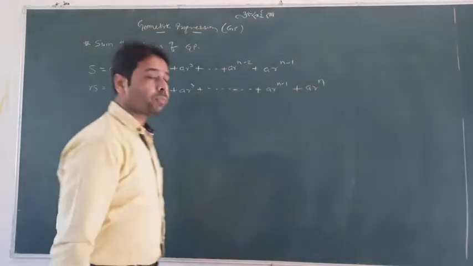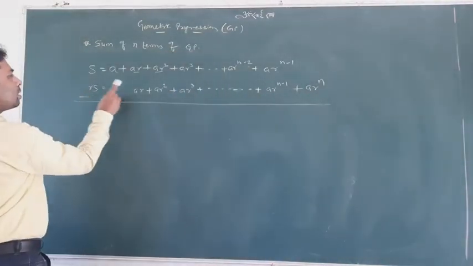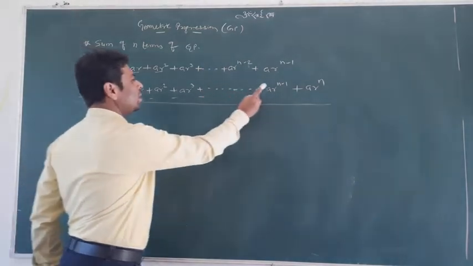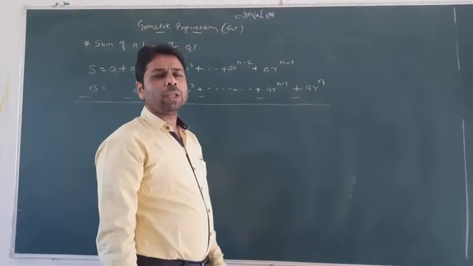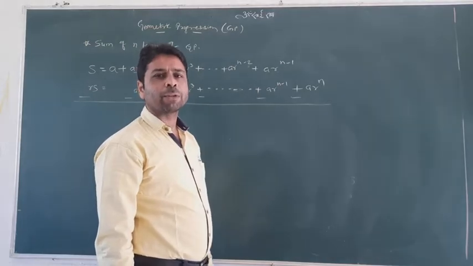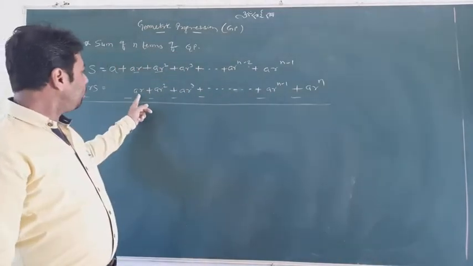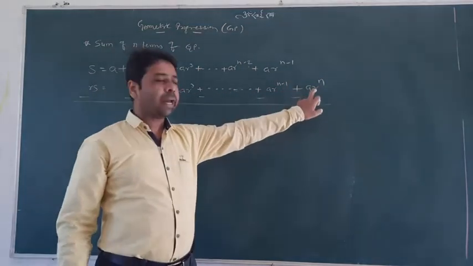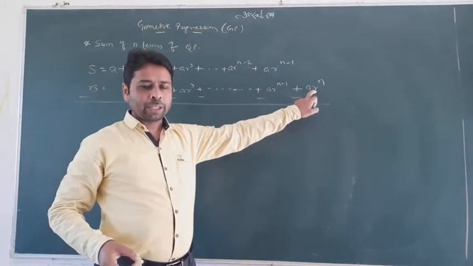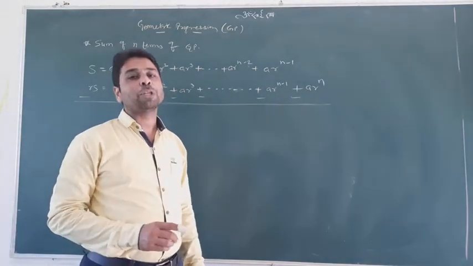Now I'll subtract. What a beautiful thing is coming. First of all, I want to draw your attention to the number of terms. This was n terms. I dropped one term, and this is actually going ahead by one term. When the answer comes, it will have n plus 1 terms.